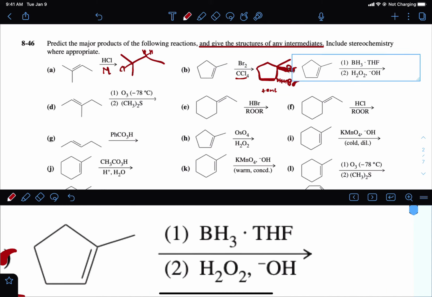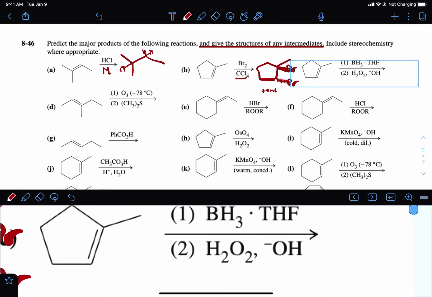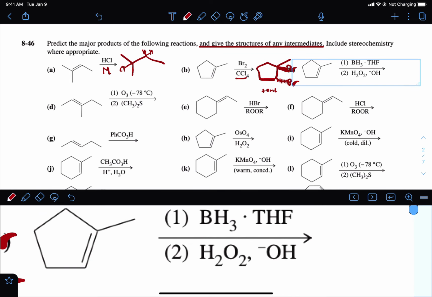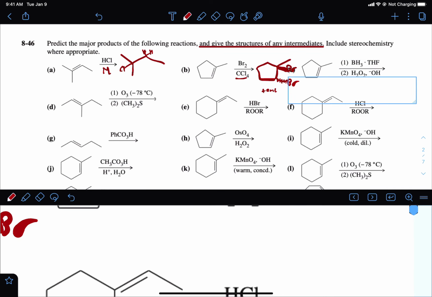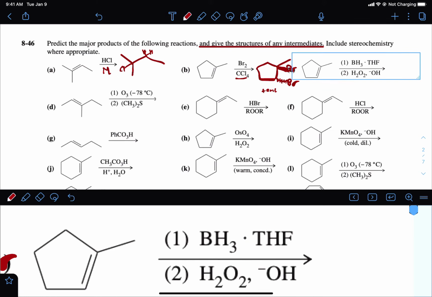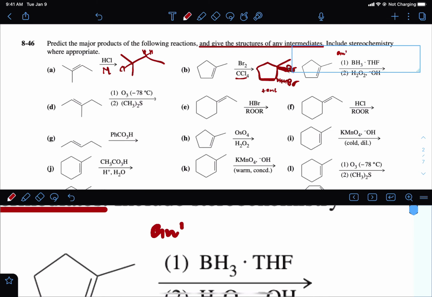Okay, this reaction, we actually haven't done it together yet. I'm going to draw it right here. But this is anti-Markovnikov. H and OH.